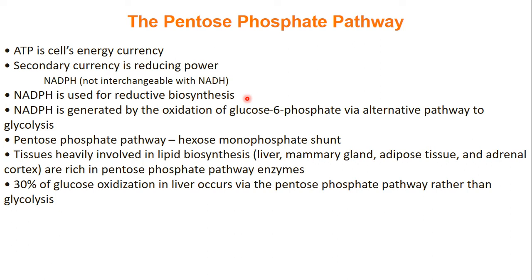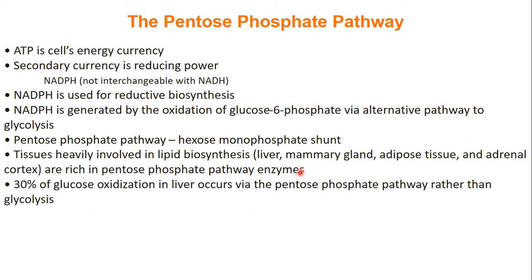And NADPH is generated by oxidation of glucose 6-phosphate via an alternative pathway to glycolysis. That alternative pathway is called the pentose phosphate pathway, or the hexose monophosphate shunt.